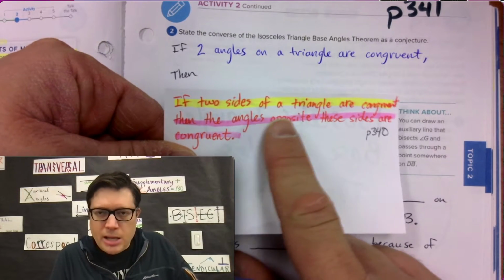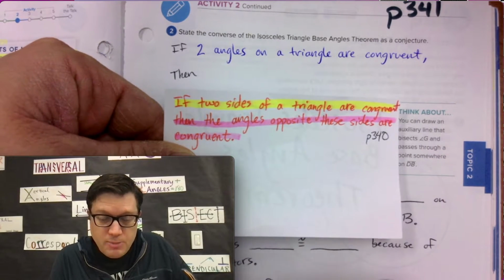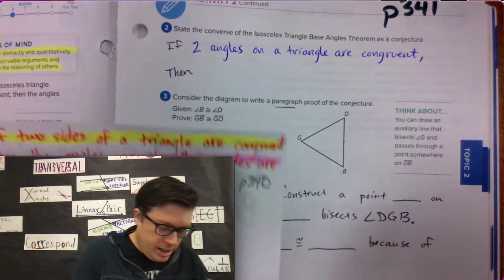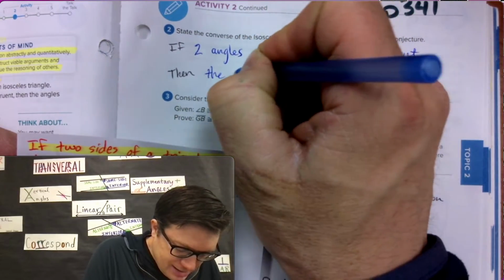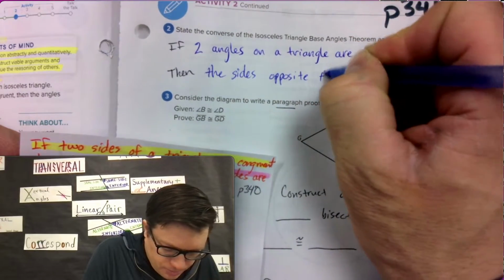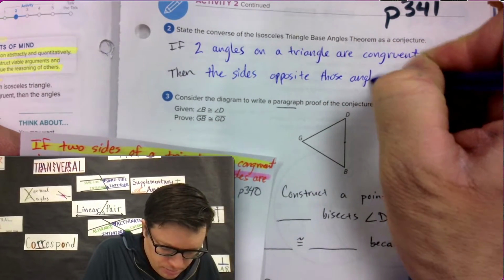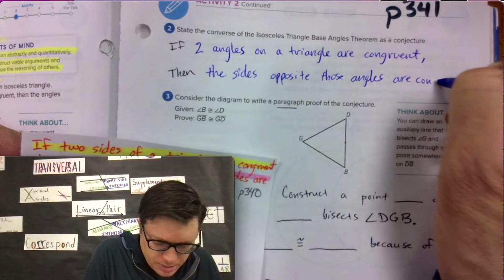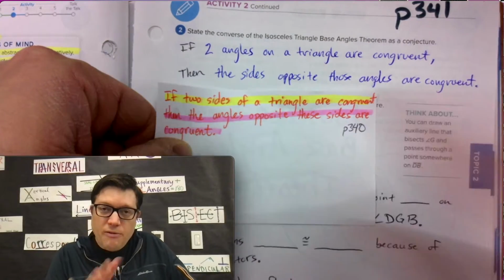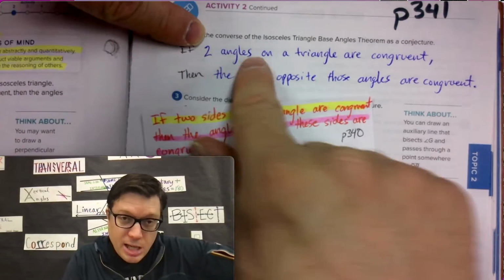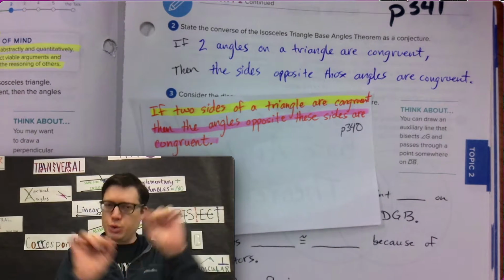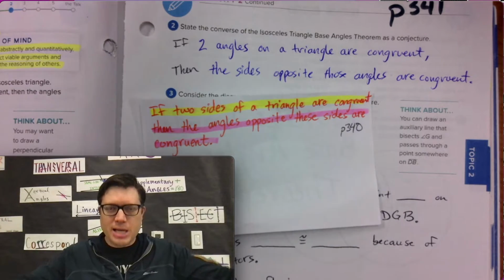But I've got to say, if two angles of a triangle are congruent, then the sides opposite those angles are congruent. Right? This was the yellow statement of the original, and then this up here is the pink statement. You switched the yellow and pink highlighted statements.